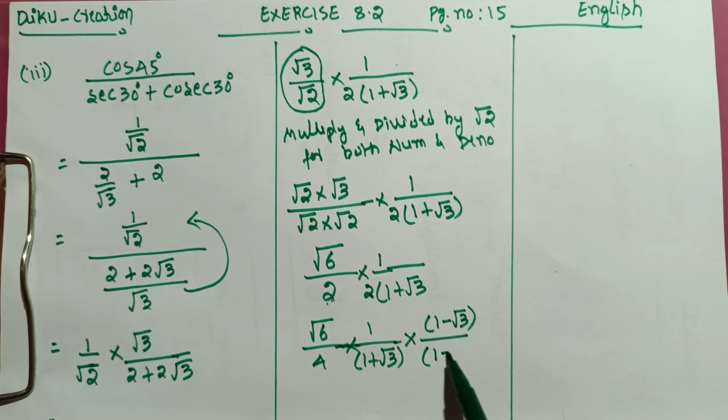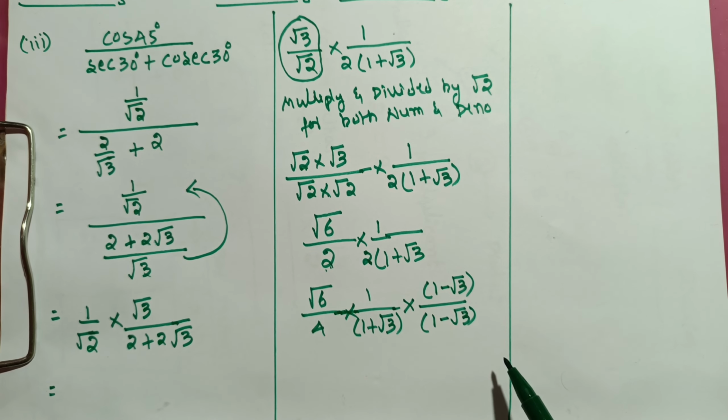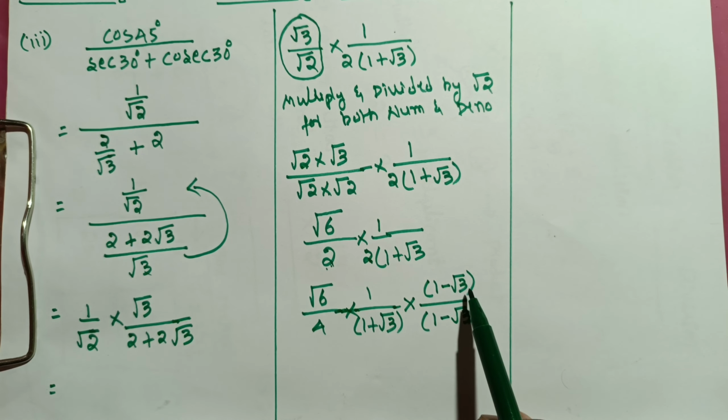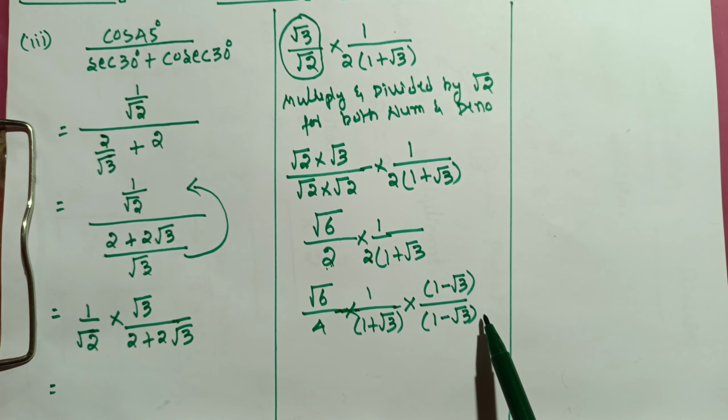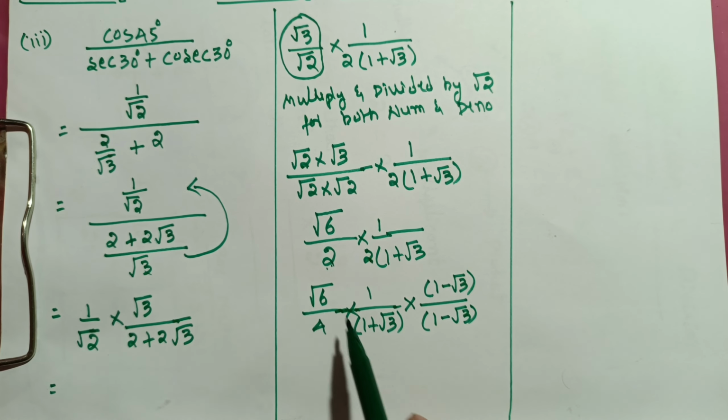So 1 minus root 3. So now in the next step, multiply all the numerator and multiply the denominator. Now I will multiply with the numerator. Root 6 into 1 minus root 3 divided by 4 as it is.